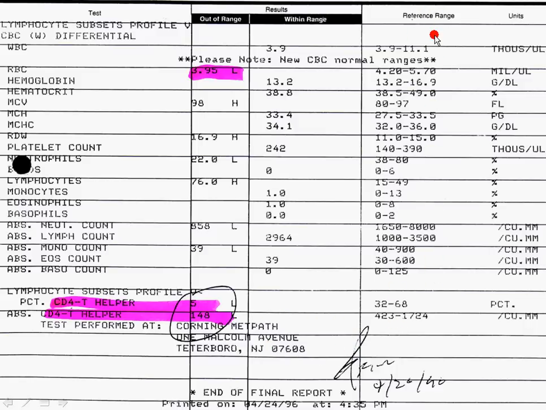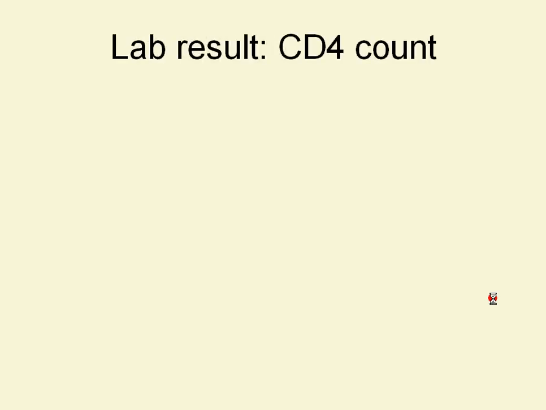This column is the reference range, and this is what's considered normal, quote unquote, for percentage of CD4s and absolute CD4s, and then this is the units that are relevant. We'll look at this again before we're over, but what this piece of the lesson will do is talk about what's the absolute count and what's the percentage count. What are we really looking at when we're looking at that?